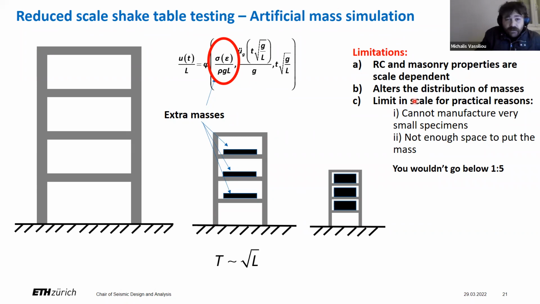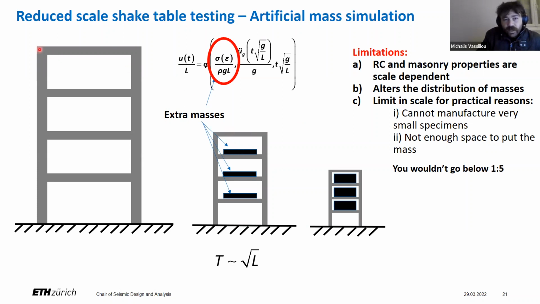Now, there are limitations in this approach. Reinforced concrete and masonry properties are scale dependent. So when you scale down, you assume that the load doesn't change, but we know that a smaller specimen of concrete has a larger strength for reasons that are well understood. The second problem is that it alters the distribution of masses.